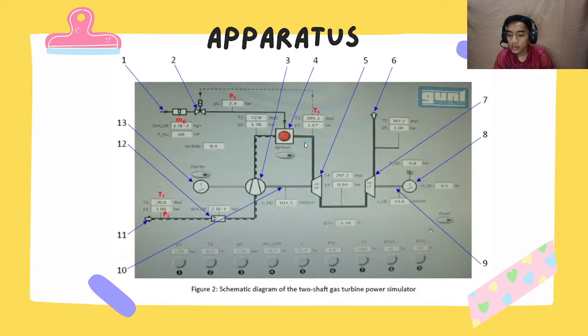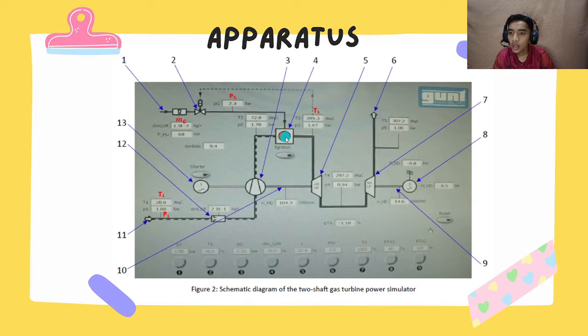At combustion, we will check the P2 and the T2, this one. And then at the ignition, before we do the ignition, we will hold the temperature until it comes to 400 degrees Celsius.